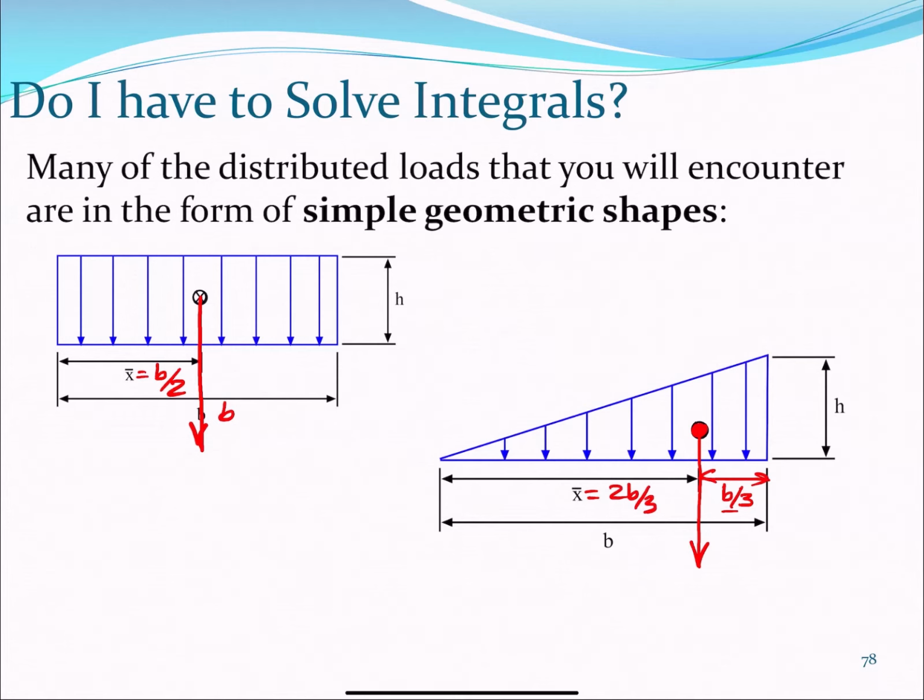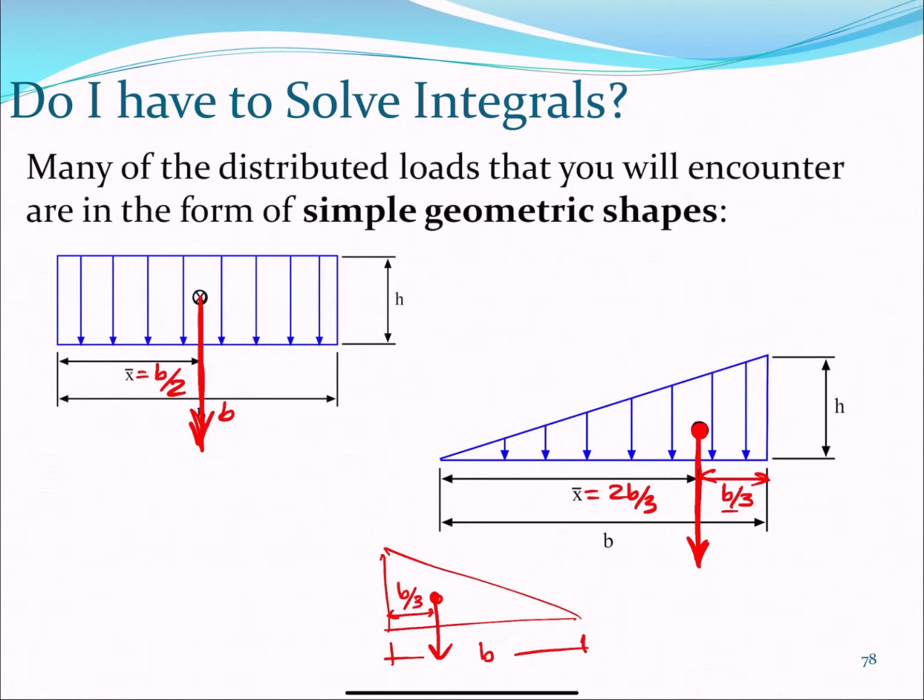These are the results that you have to really keep in mind at all times. For a rectangle it's easy, half of the base, B over 2, and for a triangle we are at a third, 1/3 of the base. Another triangle, if we call this B, the centroid of that equivalent force will be equal to B over 3.